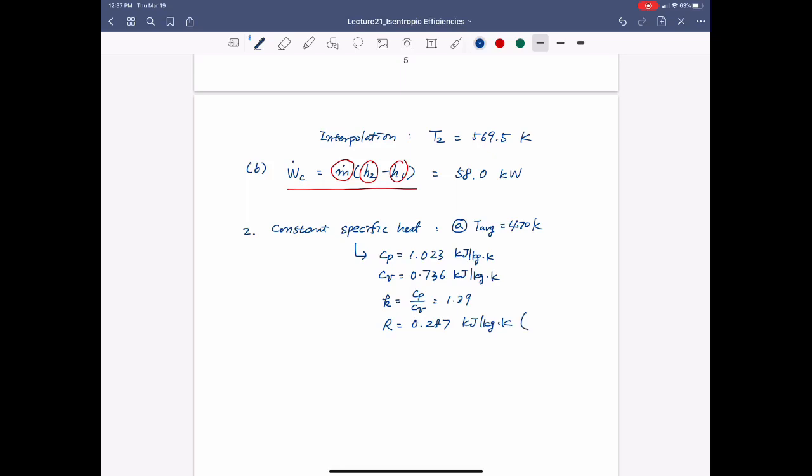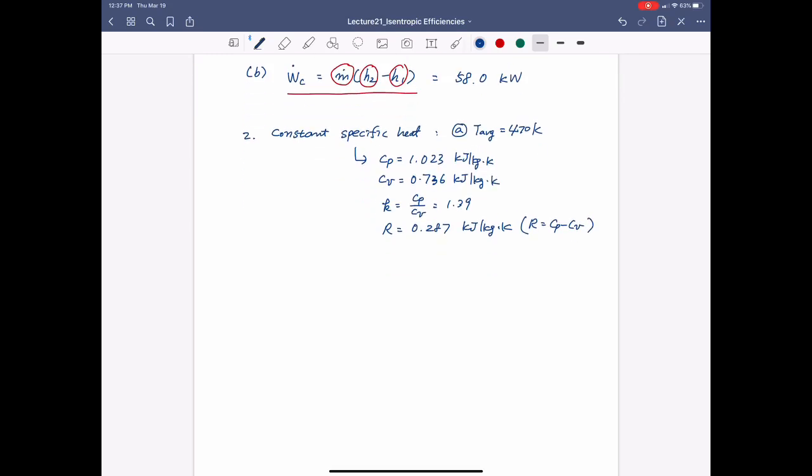In fact, you can calculate this R from Cp minus Cv. Now, we still know the inlet temperature and inlet pressure. Then how about the isentropic process from 1 to 2S? So that is an isentropic process.